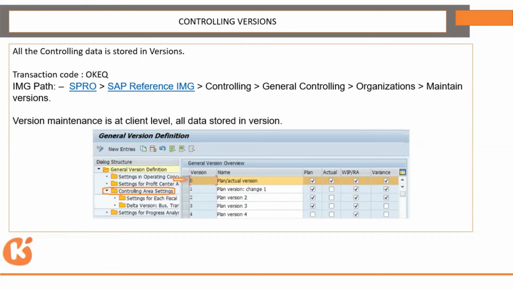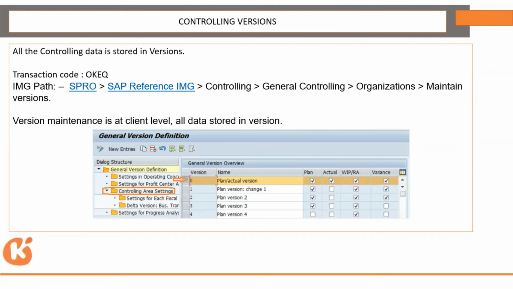There is another catch. Any new version that we create should always be copied from the default version 0. We need to take care of that in case we have a requirement to create new versions, because this controlling area is used for different areas, like maybe in work in progress, or maybe for calculating variances.